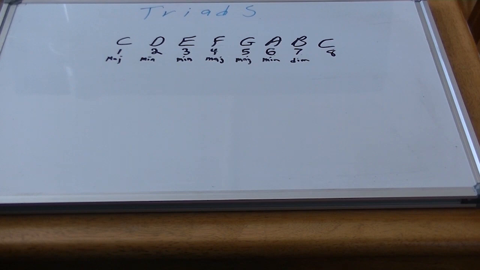The first point is that chords are derived from major scales. And specifically, they're derived from what I call the parent major scale of the root note. In other words, a C major chord comes from a C major scale.